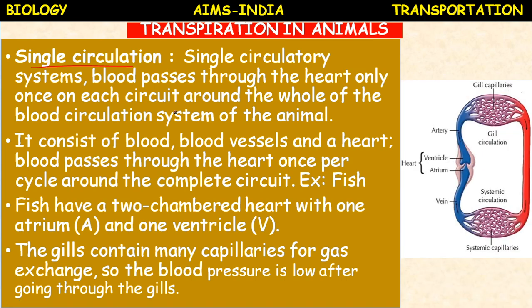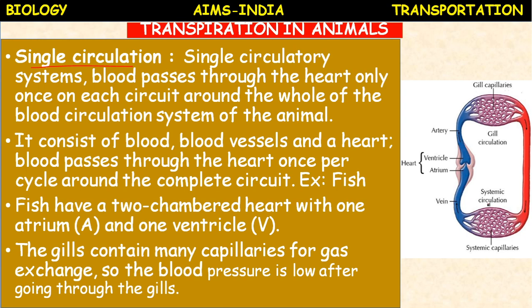Okay, here see the image. So here the fish heart, one ventricle, one auricle. So the heart receives blood from the body parts through veins. The deoxygenated blood is directly pumped to gills through the artery, and the oxygenated blood is again passed through body parts.